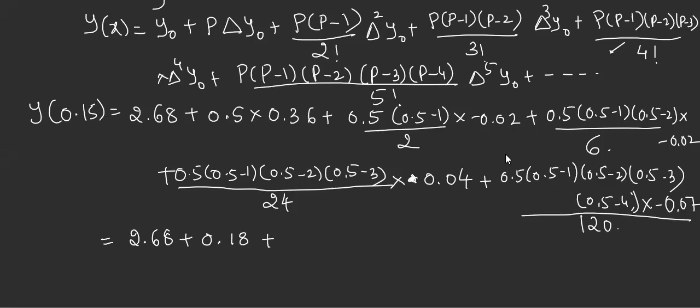Plus this quantity. This can be taken as 2 and this is 0.01. This is minus, p minus 1 is also negative, and minus into minus is plus. Take it like this: 0.5 into 0.5 into 0.01. First confirm positive or negative properly.